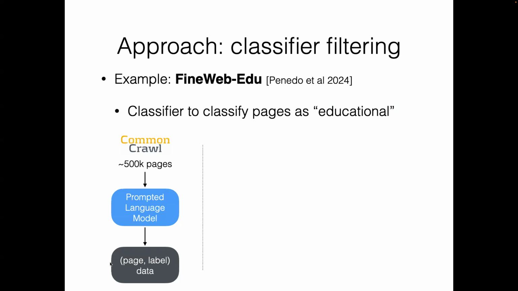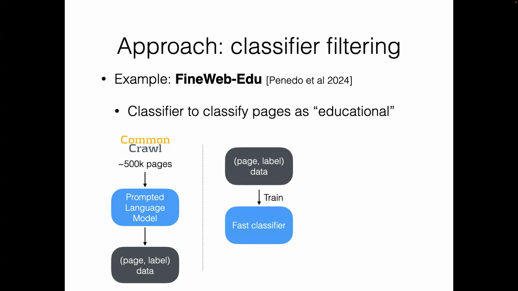In their prompt, they say you should determine whether this page is, I think, grade school level or middle school level, and give a score between 0 and 5. Now they have this labeled data set of pages and educational labels. But in order to apply this at scale, they can't use the language model because it's too expensive. So they have to train a very fast classifier using this synthetically labeled training data.